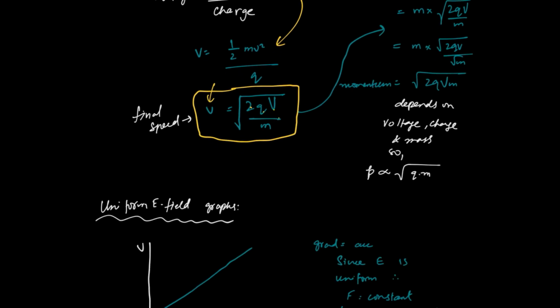All of these formulas are used in this scenario where these are the plates and the electric field lines are uniform. So my voltage would remain the same. When voltage remains constant, and because 2 is a constant and not a quantity, in reality the momentum of the charge depends on the square root of the charge into the mass of the charge.